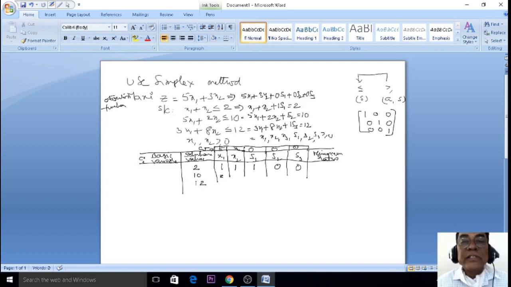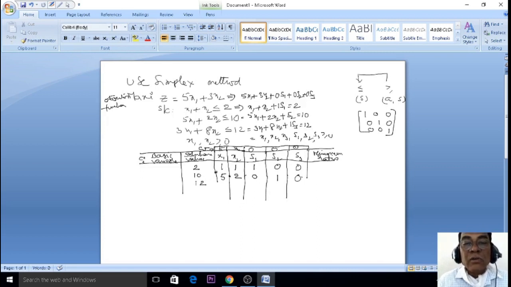Go to the second equation. The coefficients are 5 and 2, and there is no s1, so write down 0. s2 is there, so 1. No s3, so write down 0.